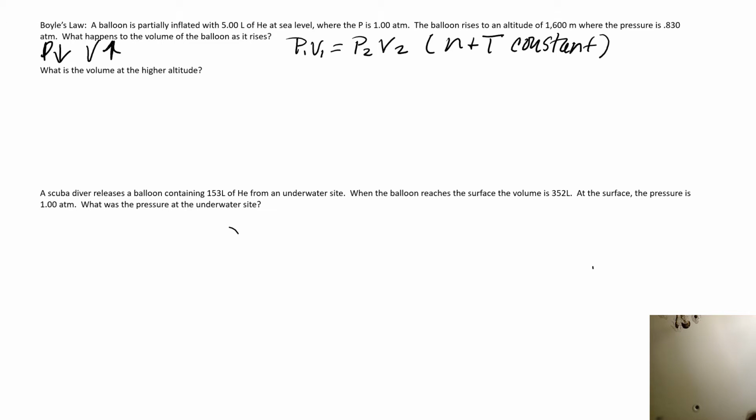So we're going to be solving for V2. So we have an initial set of conditions and a final set of conditions. So we need to rearrange this equation to solve for V2. So V2 equals P1V1 over P2. So our initial pressure is 1 atmosphere.